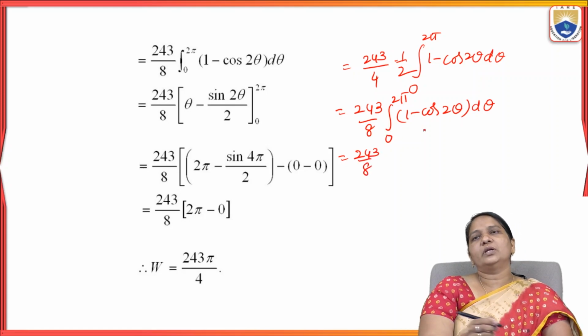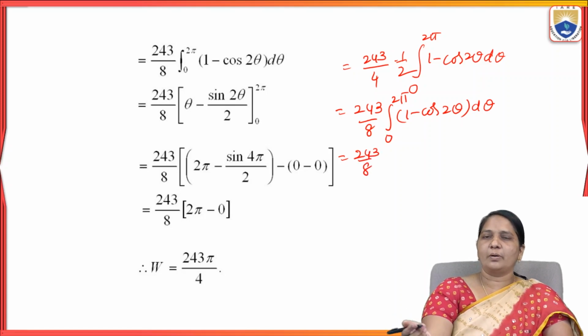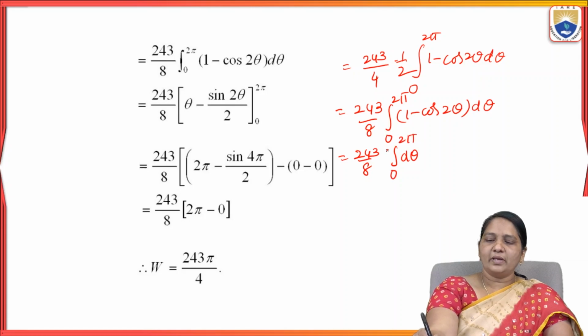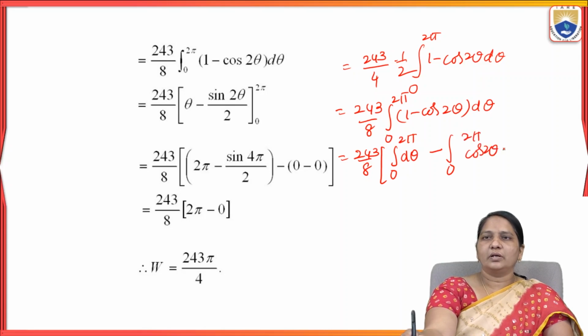Now I am doing the integration part-wise. Here integral d theta with limits 0 to 2 pi, separating the terms, minus integral 0 to 2 pi cos 2 theta d theta.